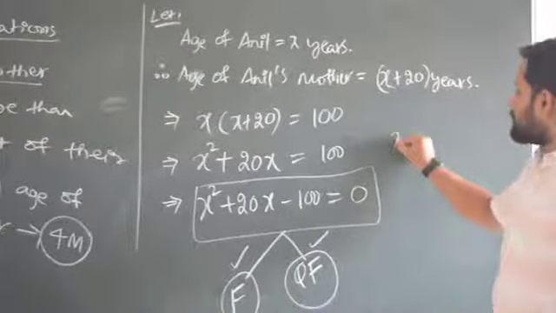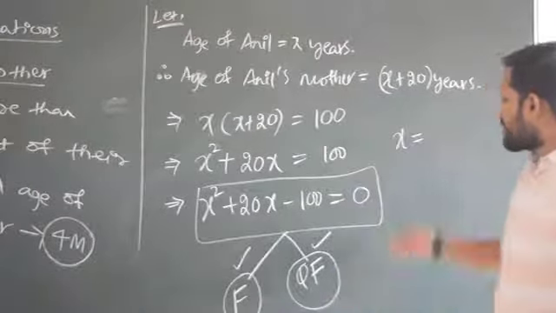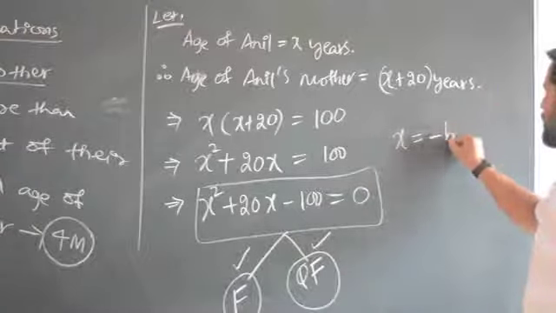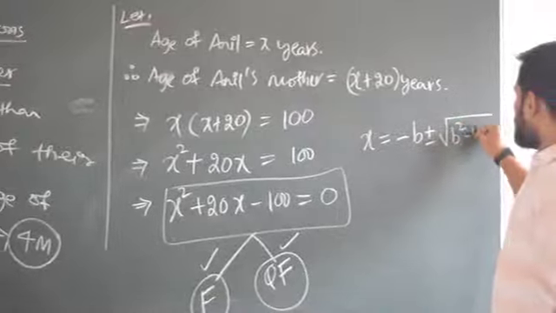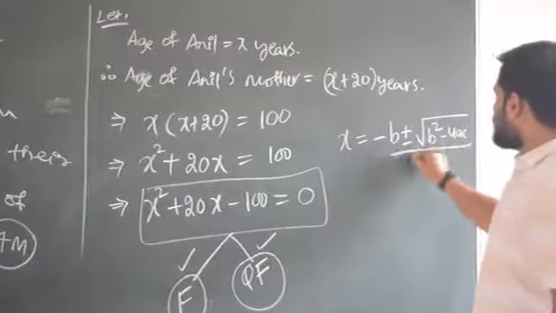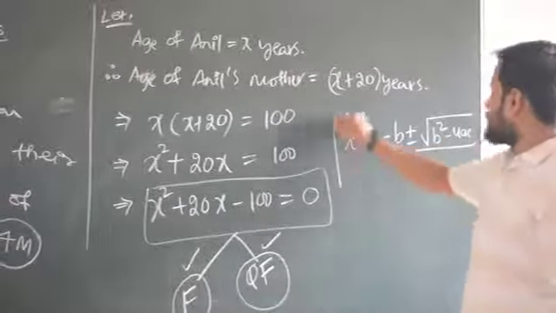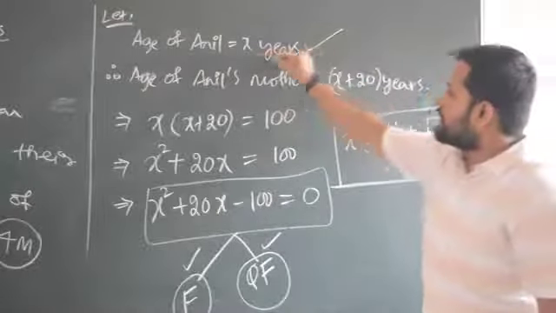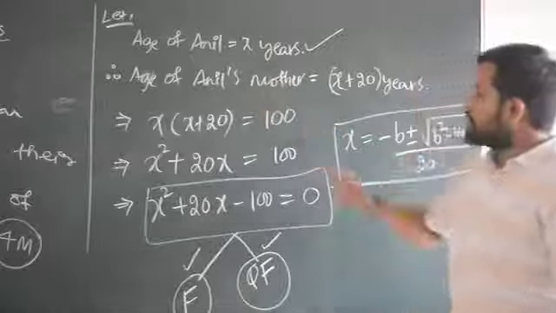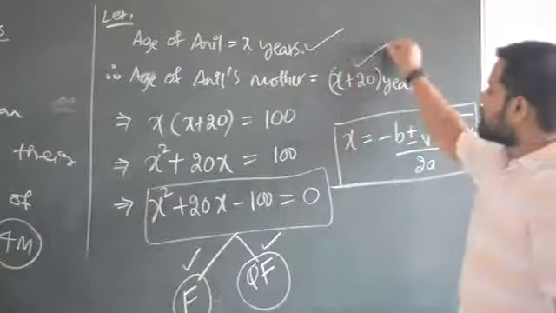Everybody must be aware of the quadratic formula. So what is the quadratic formula? It is x equals minus b plus or minus under root b square minus 4ac, divided by 2a. So you can find x from this, which is the age of Anil in years. Then the age of Anil's mother is going to be x plus 20.